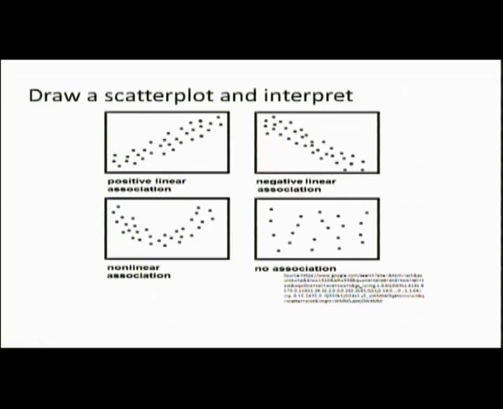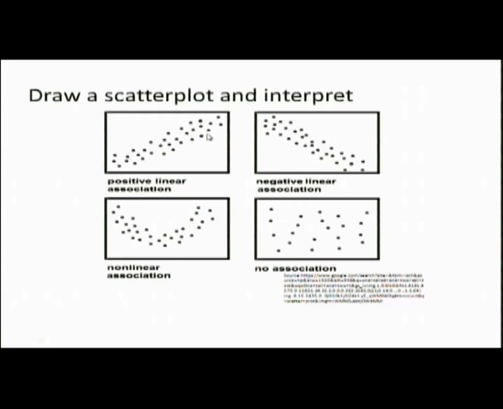These are 4 possible patterns. Many other patterns are also possible. For illustration of positive and negative relationship, I have shown only 4 plots. In all 4 cases, the dependent variable is shown on the y axis and the independent variable is shown on the x axis. Now, what does this show?